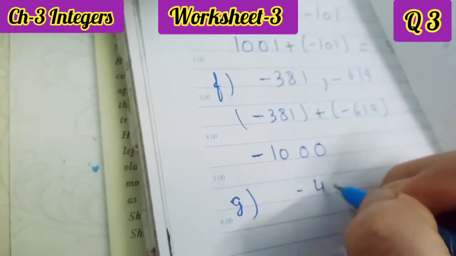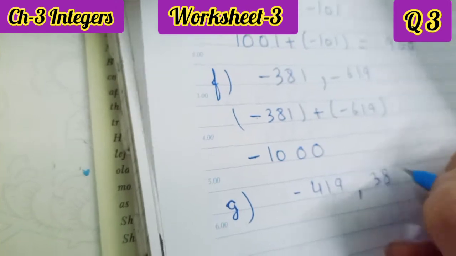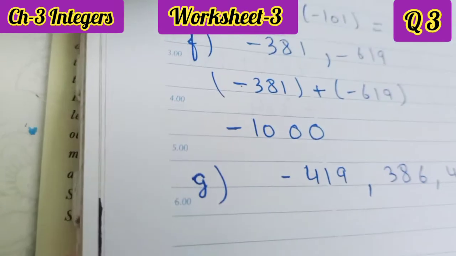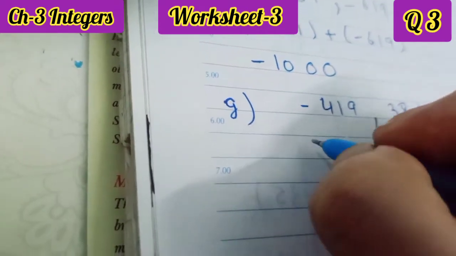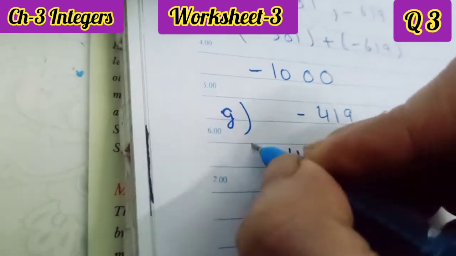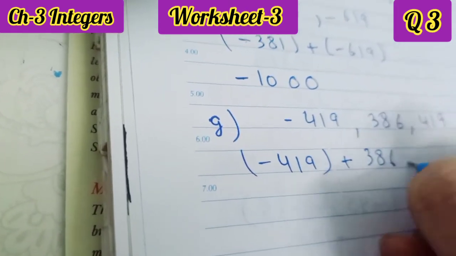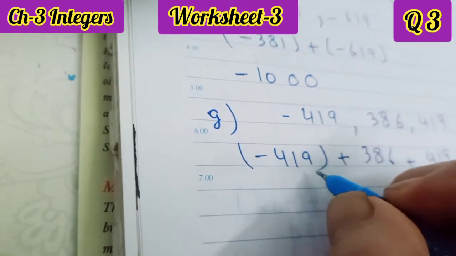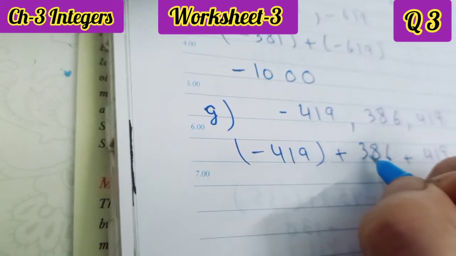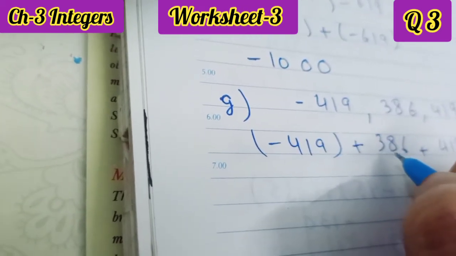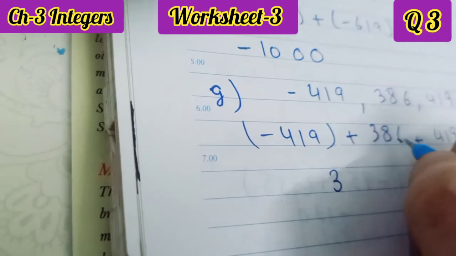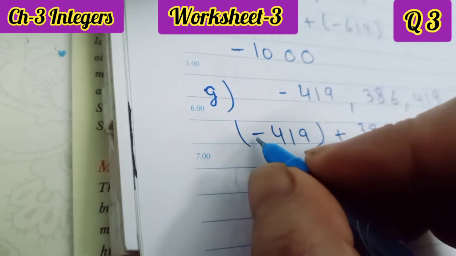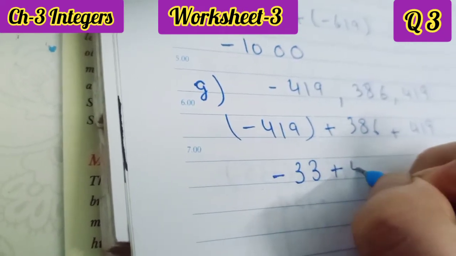And next, now 3 numbers are there, so we will take 2 numbers first, and then we will find. We have to add these numbers. First of all, solve these 2 numbers. Here we are having one positive and one negative, so we find the difference of these numbers. 9 minus 6 is 3, 11 minus 8 is 3, and the greater sign is of minus, so we put the minus sign, plus.